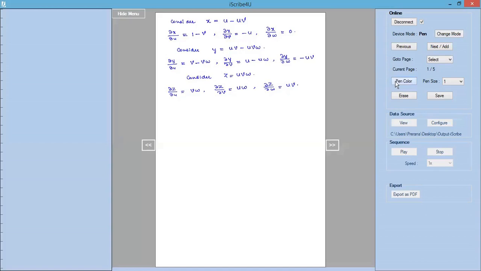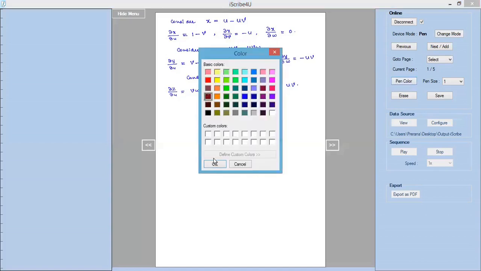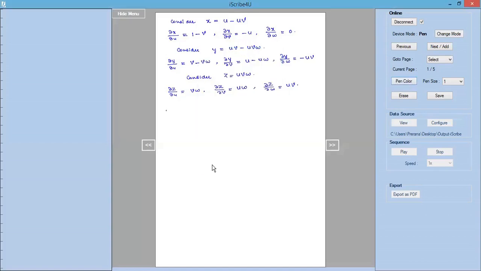Now with all these, we will substitute in the formula for the Jacobian. So therefore, J is equal to the Jacobian of x, y, z with respect to u, v, w.